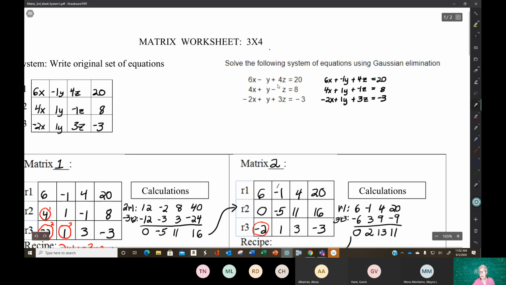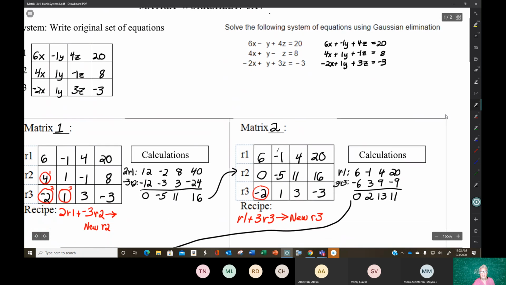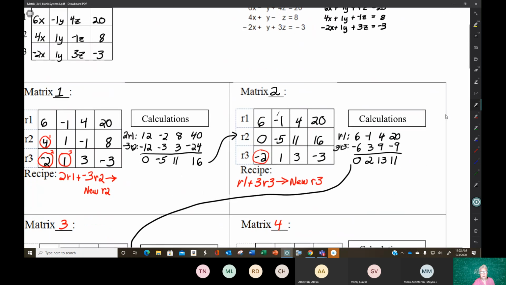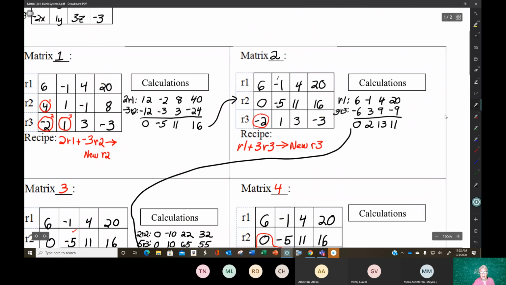That is, this side will have to equal 20. This side will have to equal 8. This side will have to equal -3. And I already know the answer's right, but you don't. And so you might want to, this afternoon sometime, check the answers.